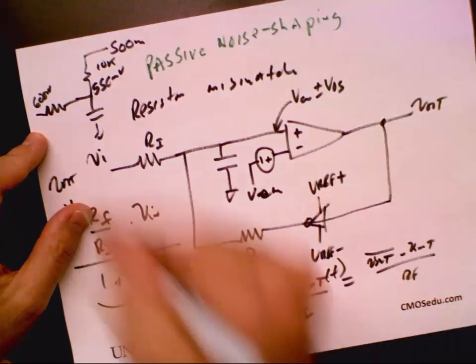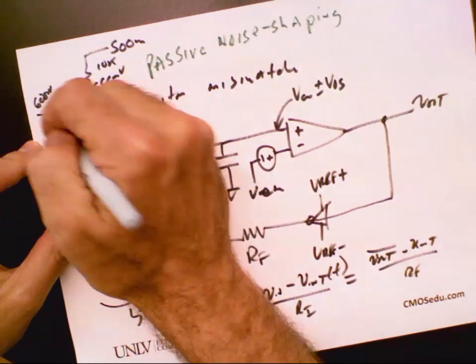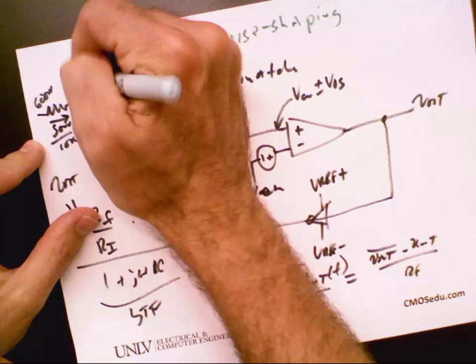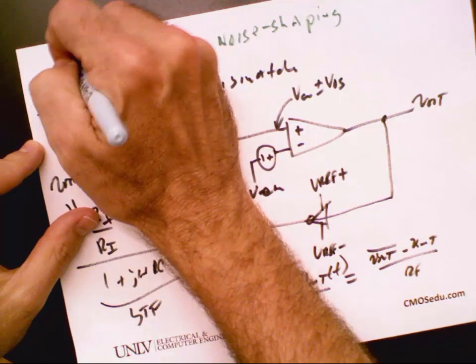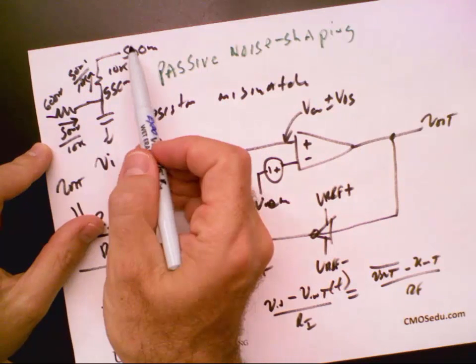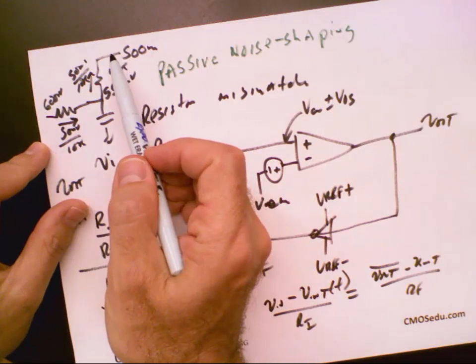So it's the exact same thing. Here I get 50 millivolts over 10K. Here I get 50 millivolts over 10K, but then I look at the voltages. This is 600 and this is 500, and they're supposed to be equal.